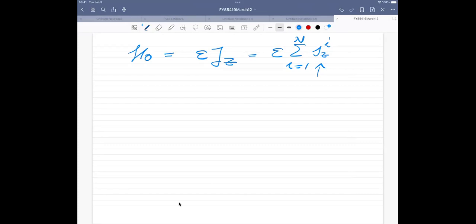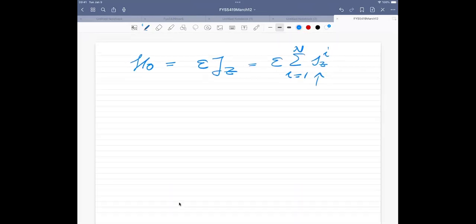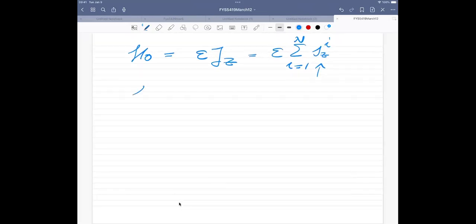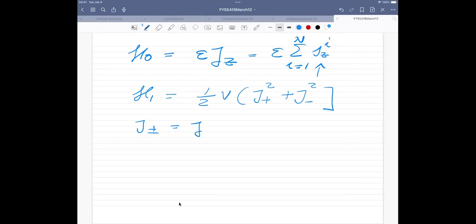Then we can rewrite this other term, this H1 here, which we previously had in terms of creation and annihilation operators. So this is going to be given by a J plus and a J minus operator. And this J plus and J minus, they are given by Jx plus minus an imaginary part and a Jy.